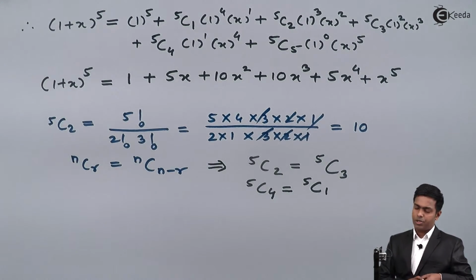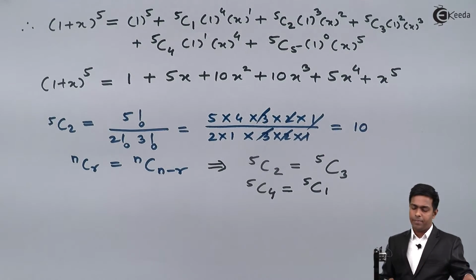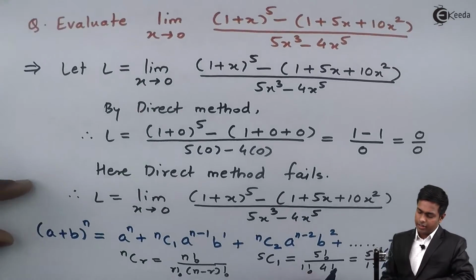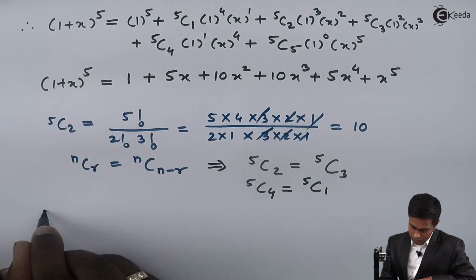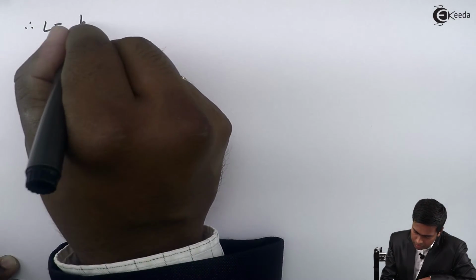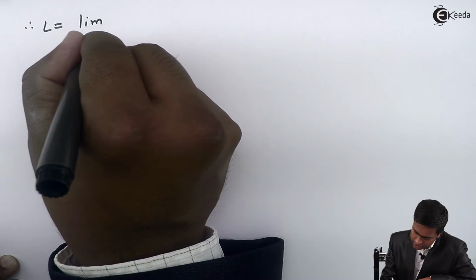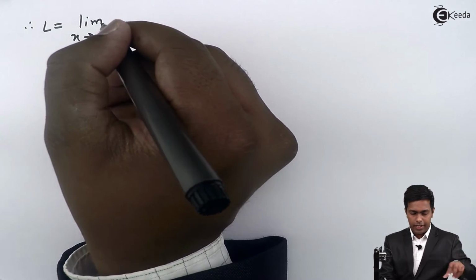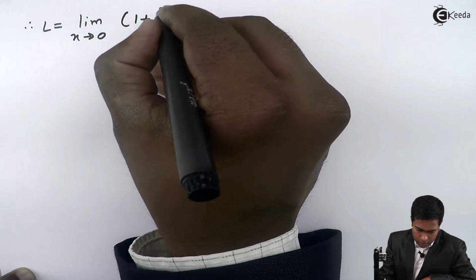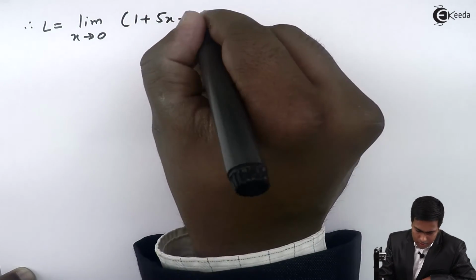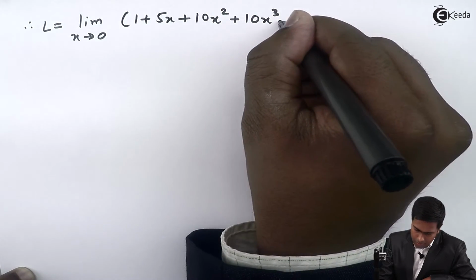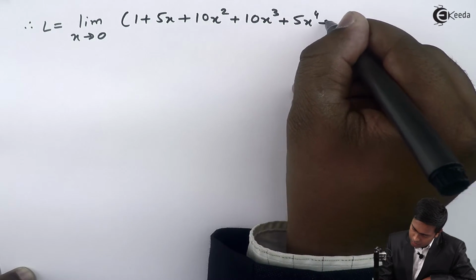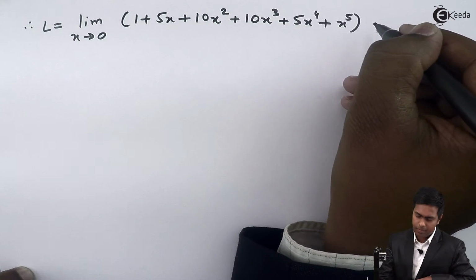And now I will substitute this expansion in the limit here in the numerator and will simplify this. So therefore L will become limit x tends to 0. The expansion is 1 plus 5x plus 10x square plus 10x cube plus 5x raised to 4 plus x raised to 5.